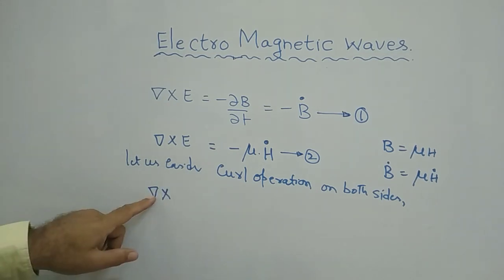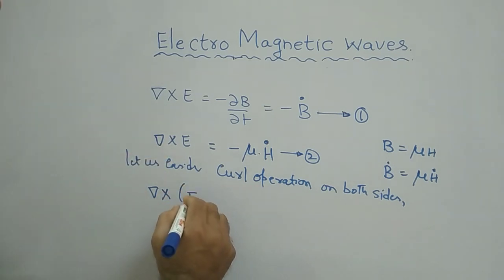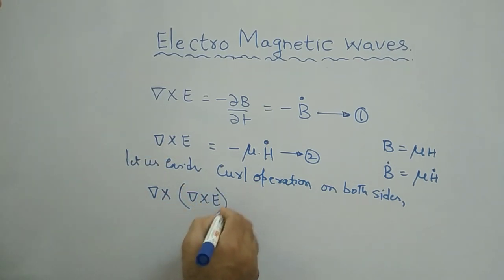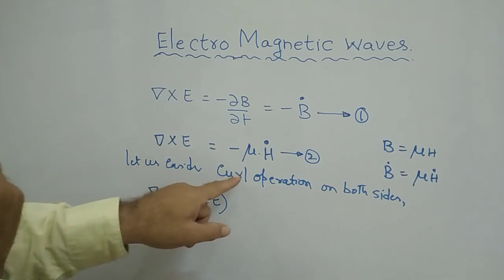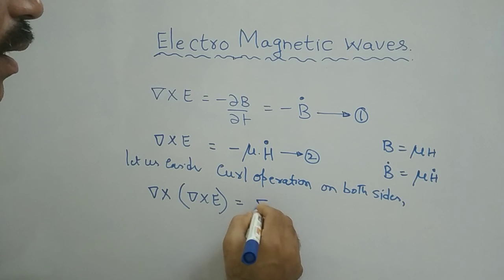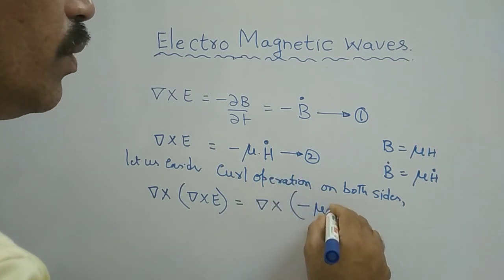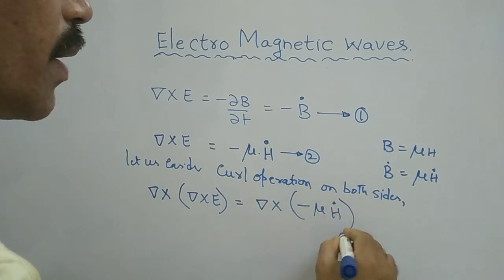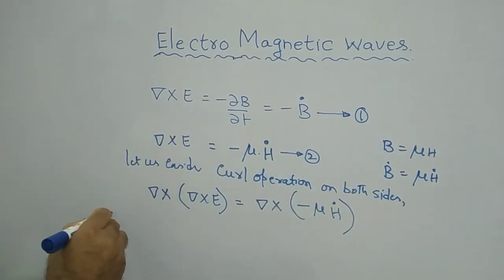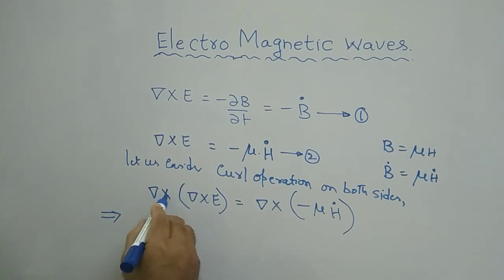So we take del cross of del cross E on the left side. This is equal to, applying del cross on the right side as well, del cross of minus mu into H dot.